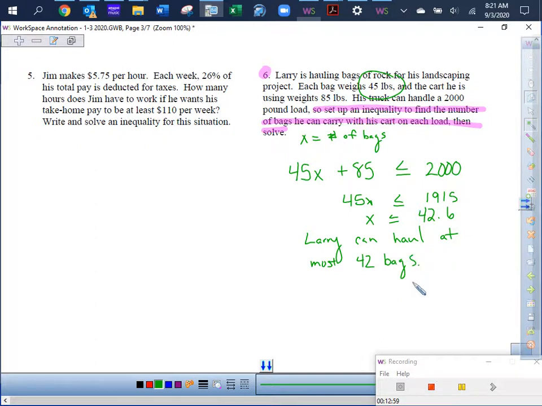He doesn't have to buy 42 bags, but that's the limit that his truck is going to have right there. You'll see a problem like that show up often, about hauling bags of rock and having the nice cart.